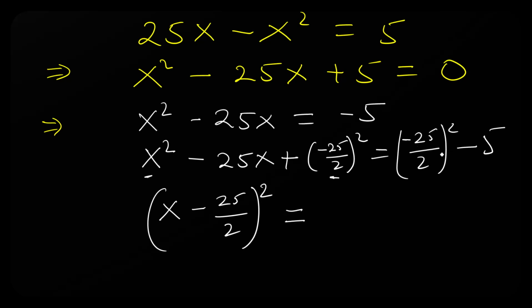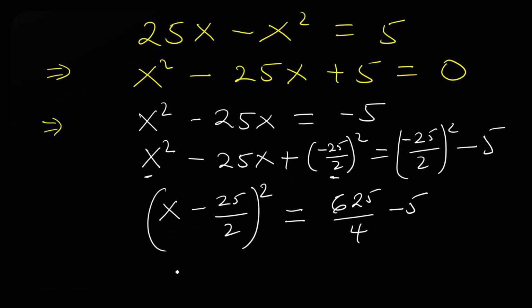So we have negative, okay, the negative in the bracket will be positive. Okay, so 25 squared will be 625 on 4 minus 5. Okay, so 625 on 4 minus 5 on the calculator.